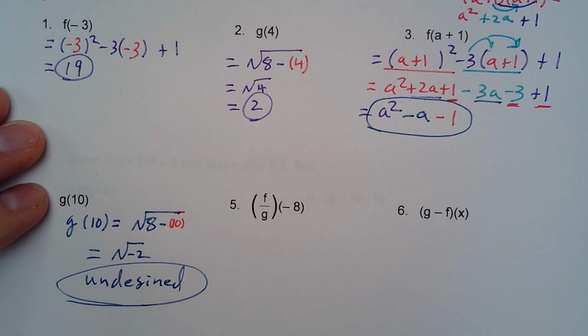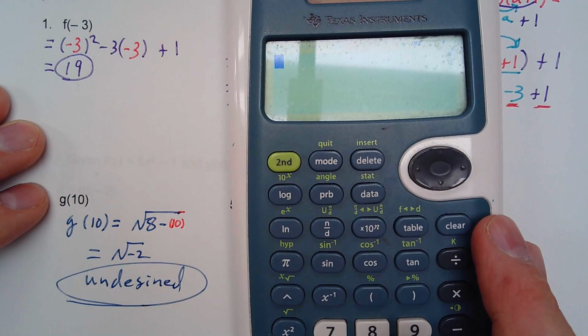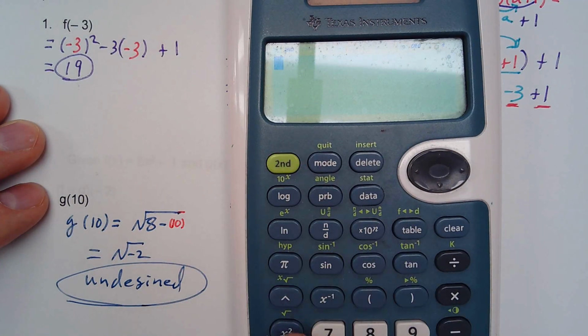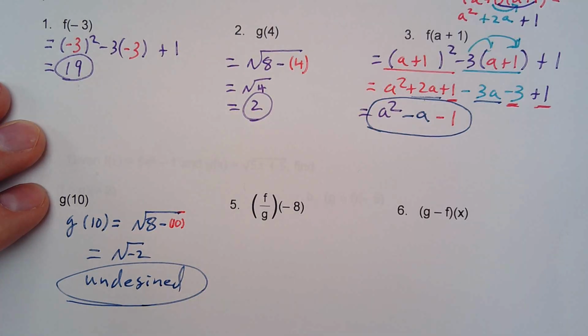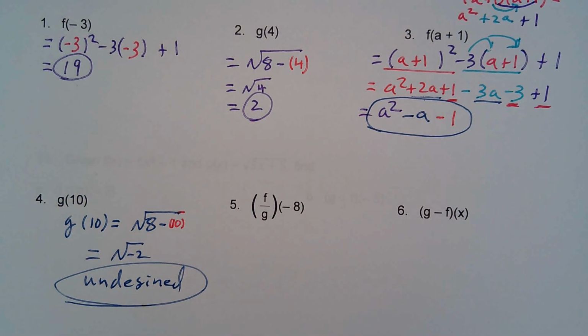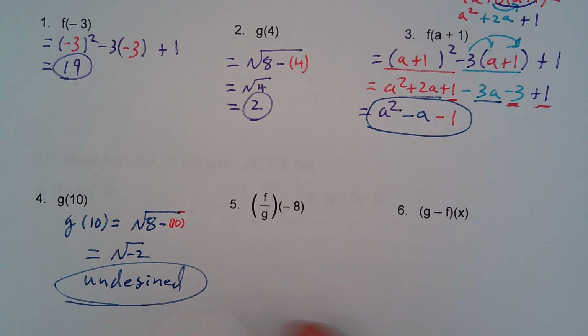In fact, if I try doing that on my calculator here, second square root, if I type that in, I'm going to get a domain error. We'll see in the next unit that we're going to rewrite this in terms of i square root 2, which will allow us to continue working with the problem. But for now, anytime you try to take an even root of a negative number, it's just going to be undefined because we're just playing in the real numbers.